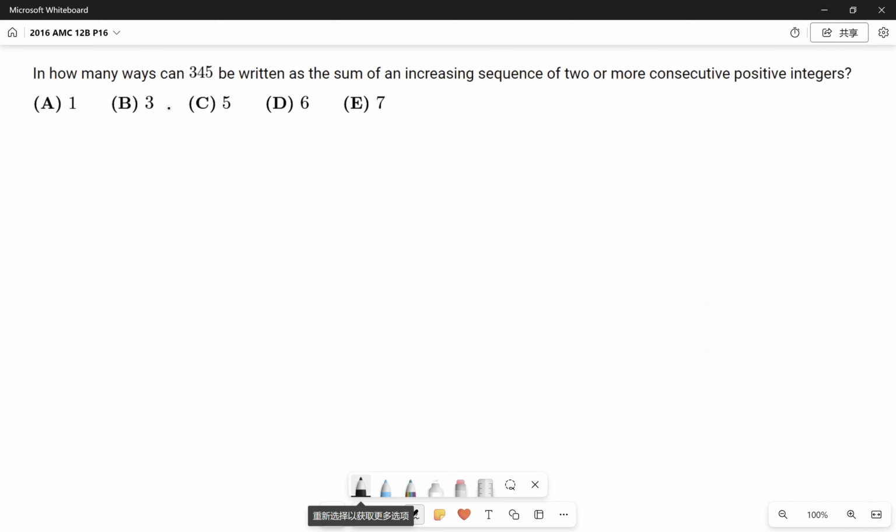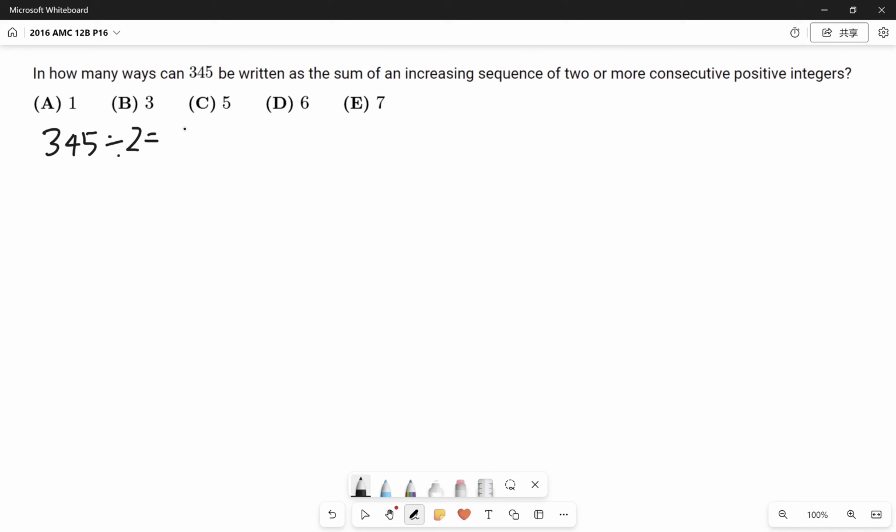Well, one thing you can do here is just brute force for a while. Let's say we want two numbers. That's doable for anything. You want two numbers that are positive and increasing that sum to 345. Just try and guess and see what 345 divided by 2 might be.